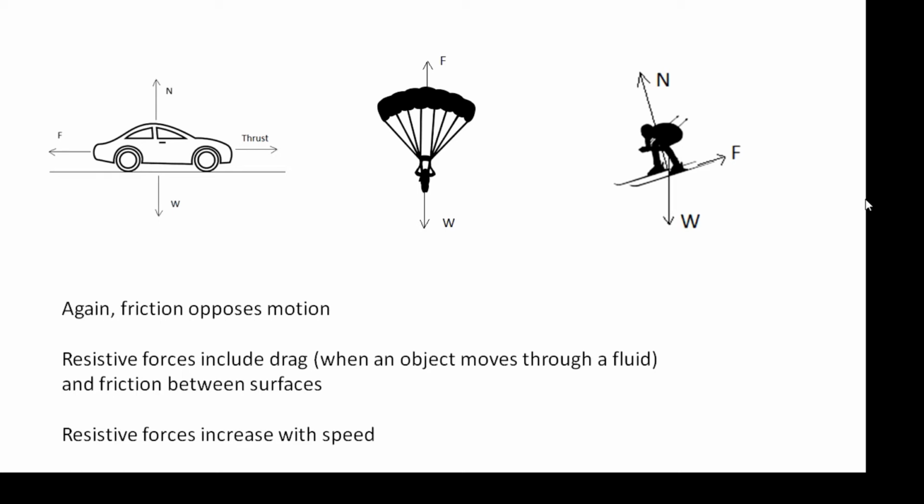If an object moves through a fluid, then a type of friction is the resistive forces as it moves through the fluid, and also friction between surfaces rubbing together. Okay, and these resistive forces increase with speed, which is why all of these objects would reach a terminal velocity.